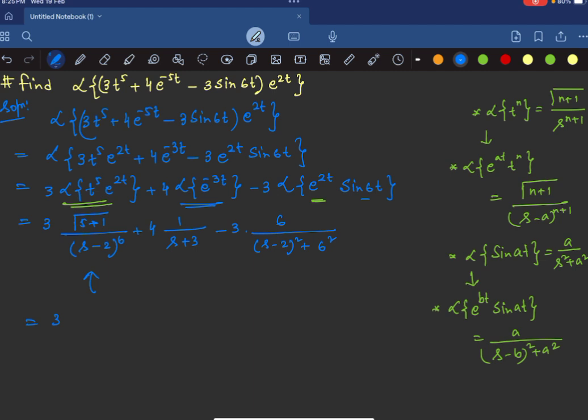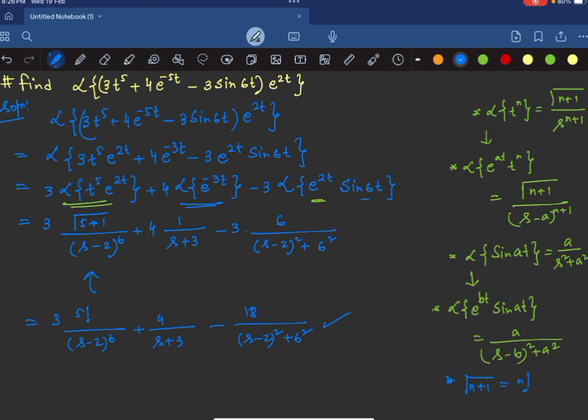So 3 gamma 5 plus 1, that is 5 factorial. You know this formula: if n is an integer, then gamma n plus 1 is nothing but n factorial. So 5 factorial by s minus 2 power 6, plus 4 by s plus 3, minus 18 by s minus 2 whole square plus 6 square. That will be the final answer for this question.